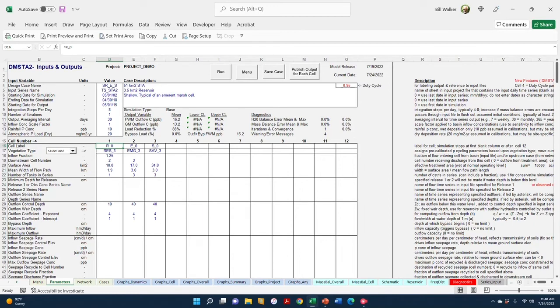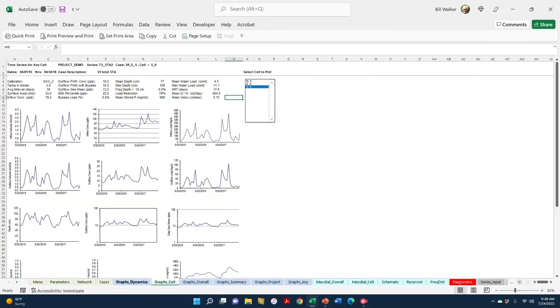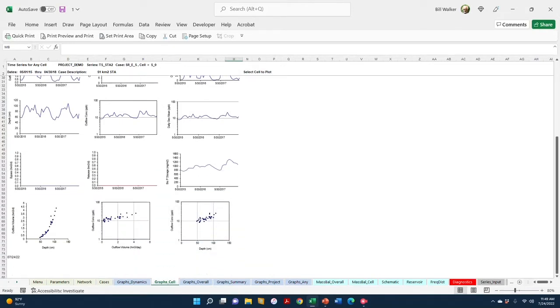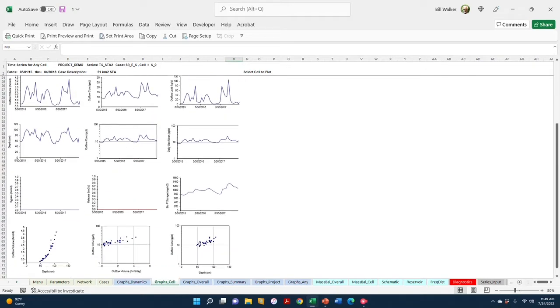I mean, the tendency historically, when this model's been used, people just look at that number and then they say, well, that's okay, we're done. But I really recommend looking at the graphs. There's 2 different ways to get a look at the time series. Either this, where you're just plotting one variable at a time, or this, which has more variables in it and shows correlations between the discharge and the water depth and the concentrations and the outflow volumes.